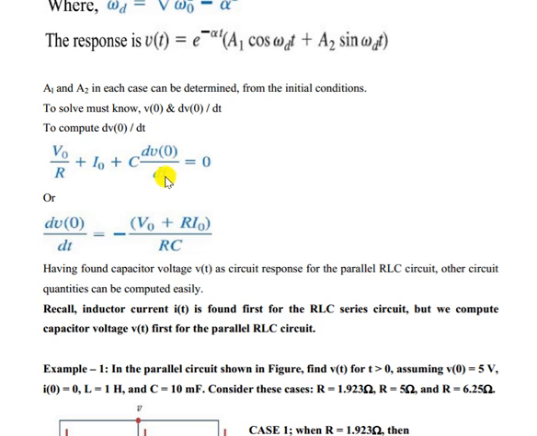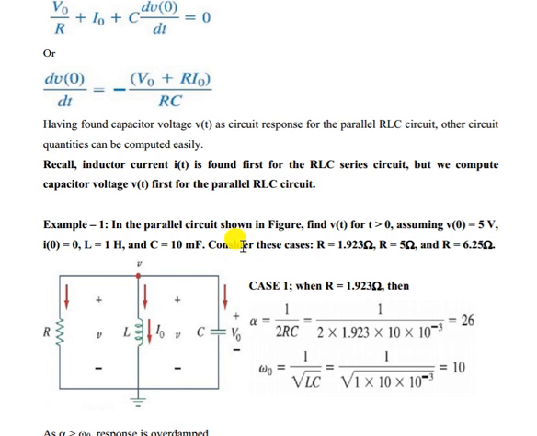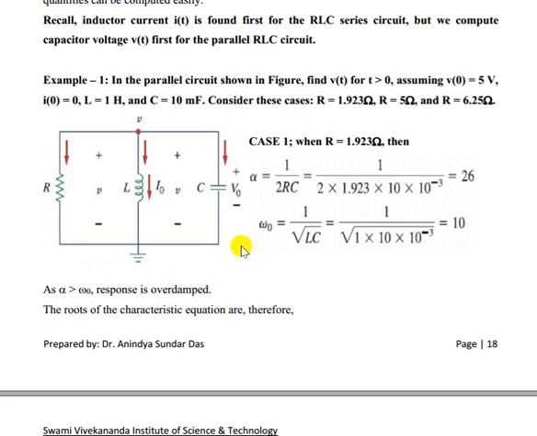So C dV(0)/dt we can write as minus (V0 plus R I0) divided by RC, taking the terms to the right-hand side. So this is the point.